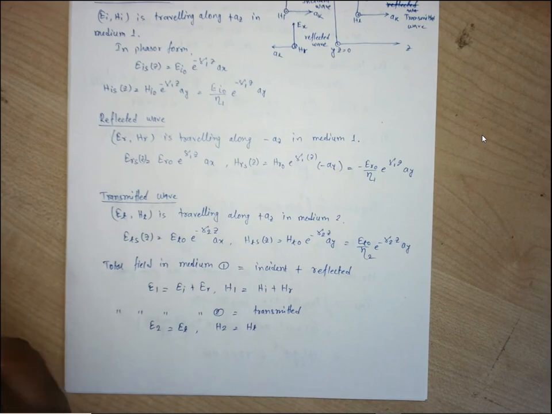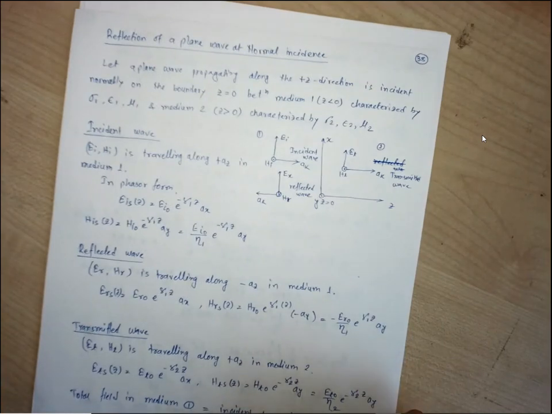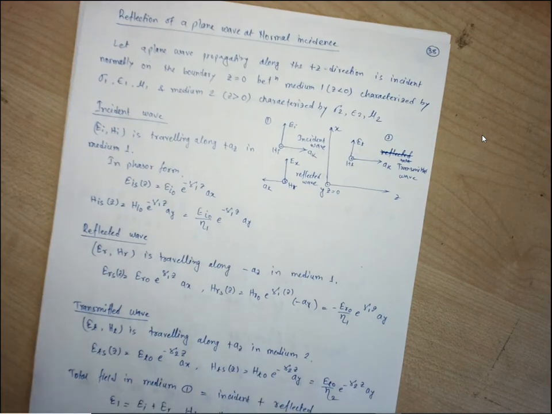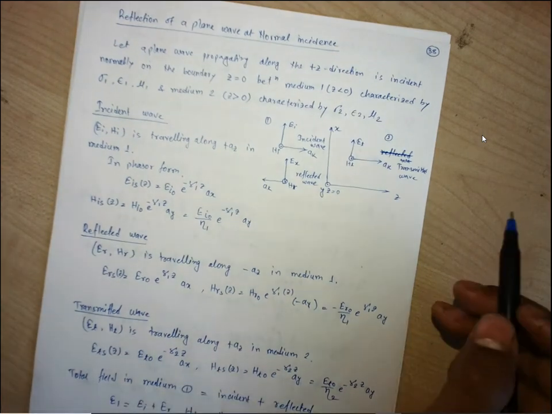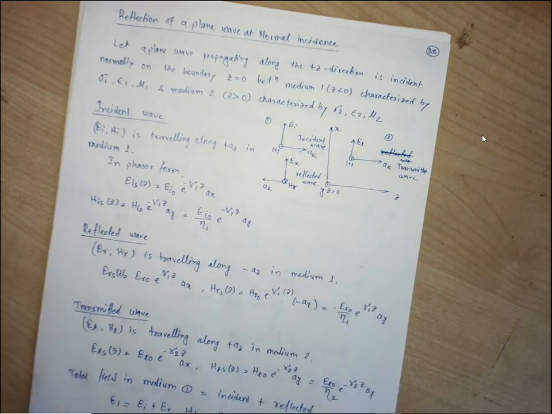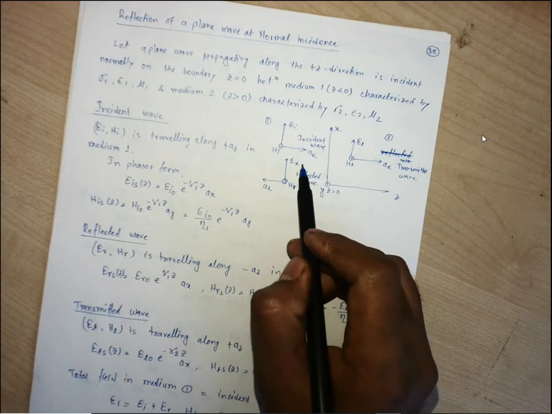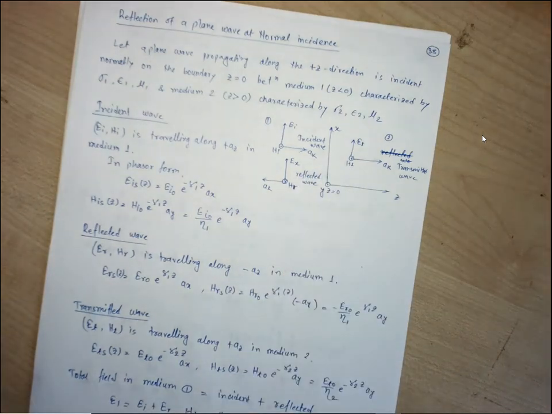Now if we think at the interface at z equals to 0, we must need to have the satisfaction of the boundary conditions. Here the boundary conditions will be with respect to the dielectric boundary condition, because this is medium 1, one dielectric, and this is medium 2, another dielectric. So at the interface, the transmission and incident will be satisfied by the boundary conditions only.